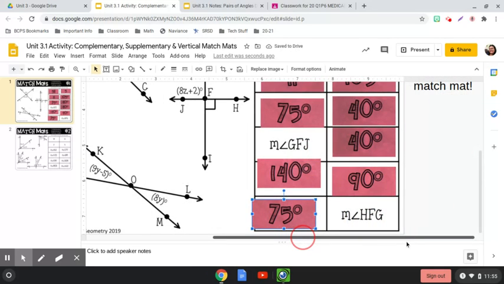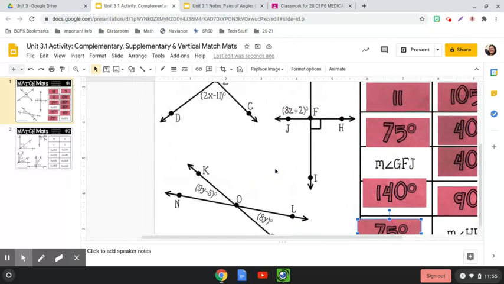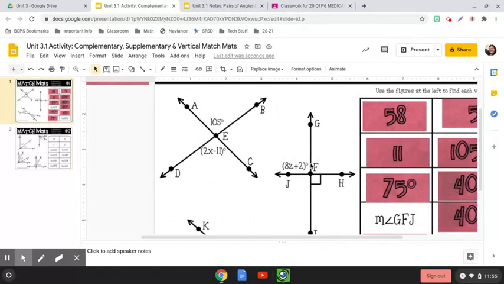All right, we're on our last one, HFG. It's right here on this diagram. So we have HFG. Well, we know that HFG and HFI form a linear pair right here. And we already know that HFI has a measure of 90 degrees.